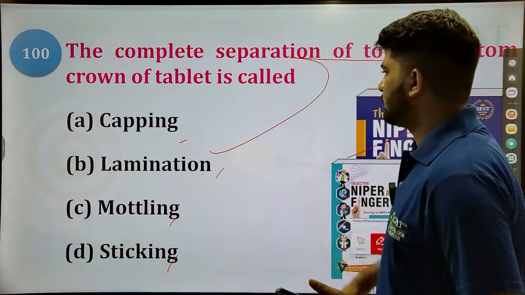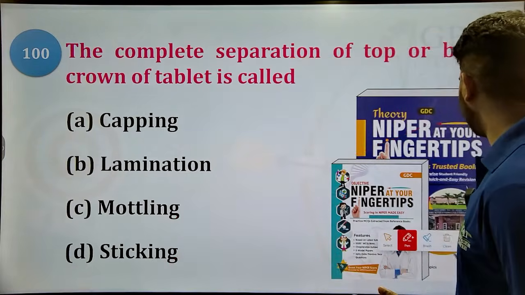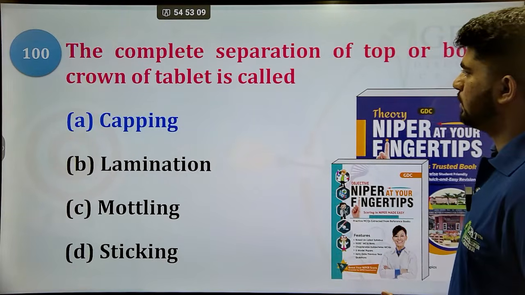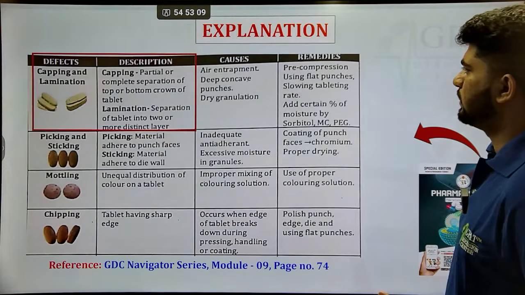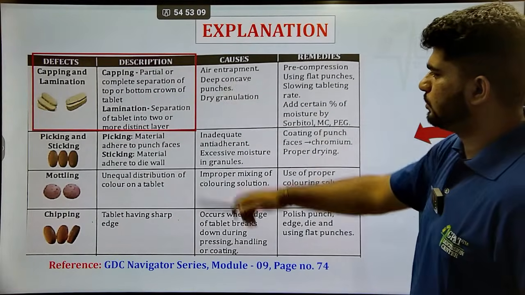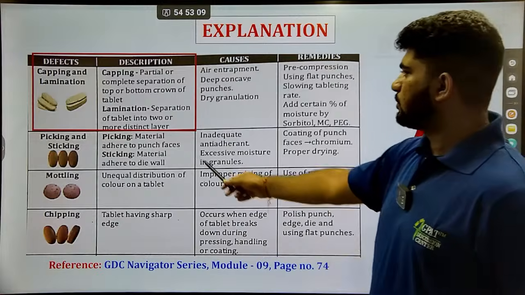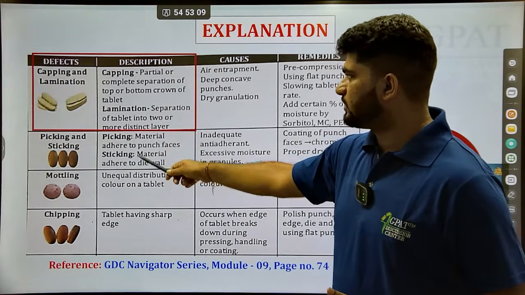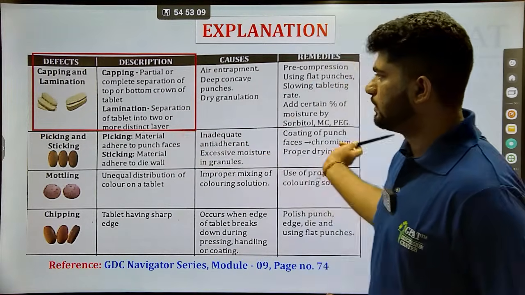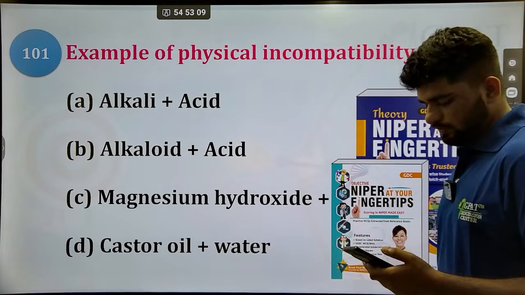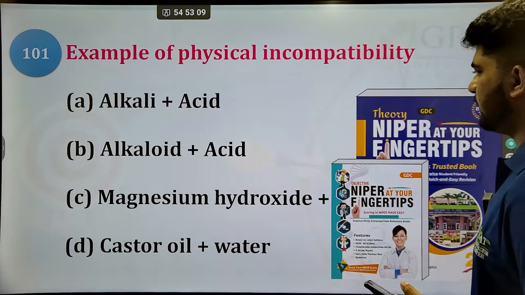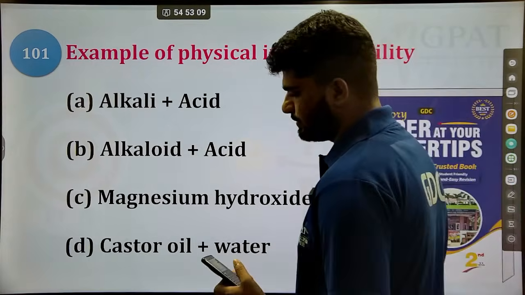Lamination only. No, it's capping. Okay. Then what's lamination? Separation into two or more distinct layers is lamination, capping is partial or complete. Okay. Example of physical incompatibility, guys.